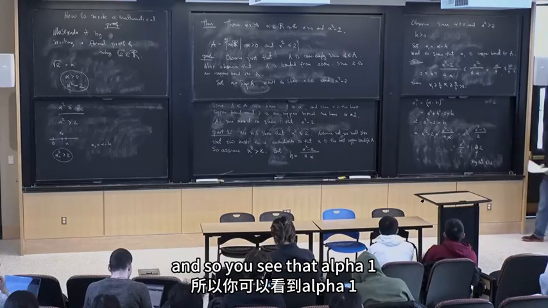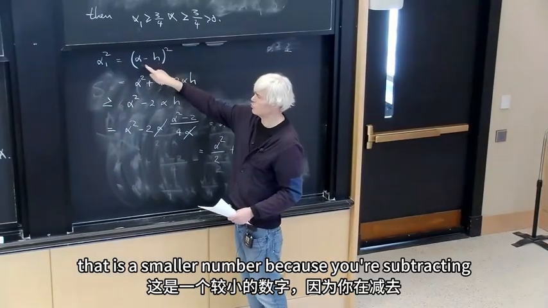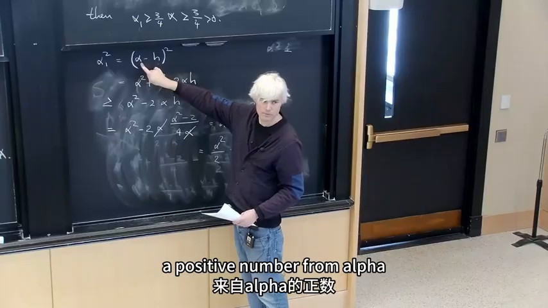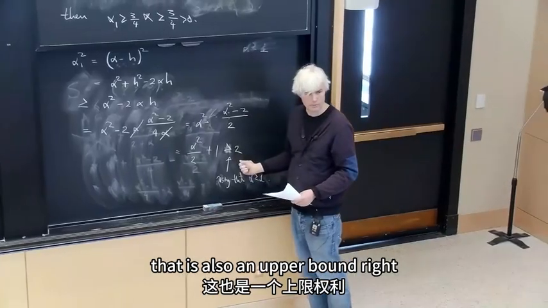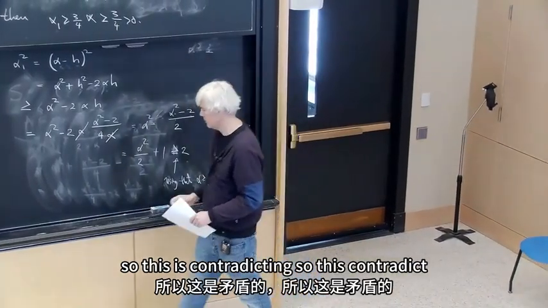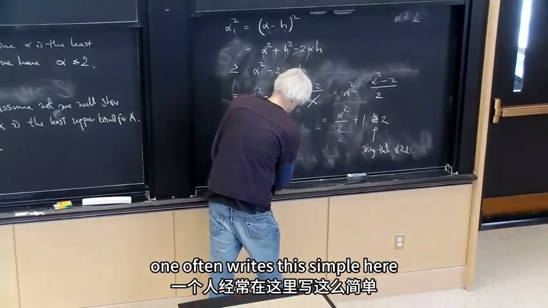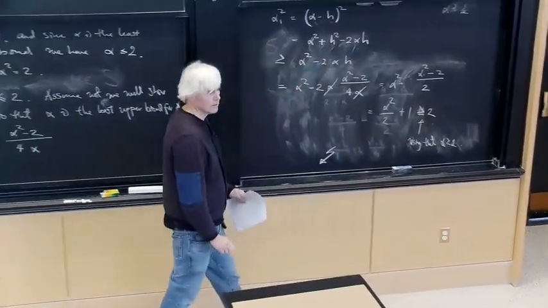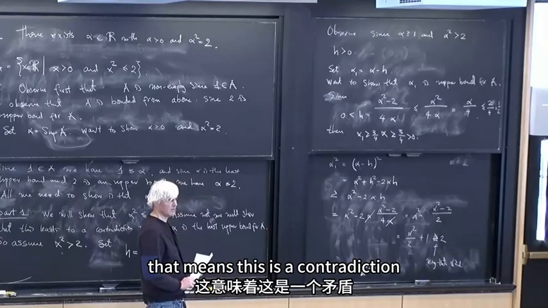And so you see that alpha 1, that is a smaller number because you're subtracting a positive number from alpha, that is also an upper bound, right? So this contradicts, and then one often writes this symbol here. This is a standard symbol that means this is a contradiction.